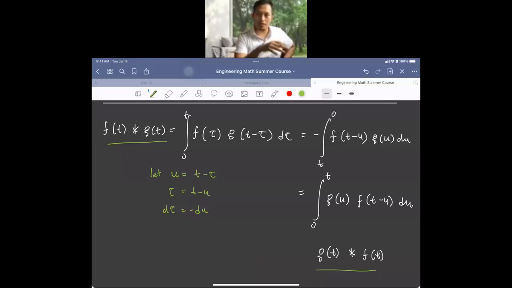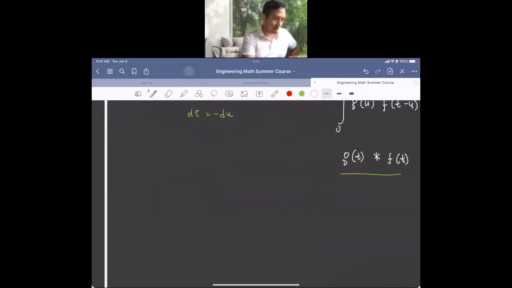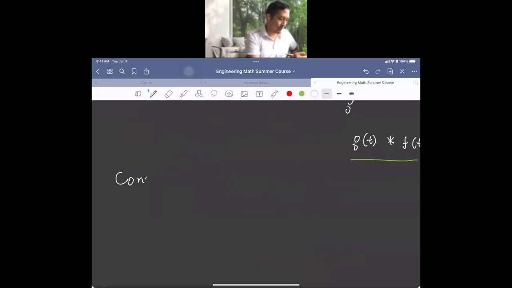Let me just close the session for the afternoon with one theorem here. We call it the convolution theorem.